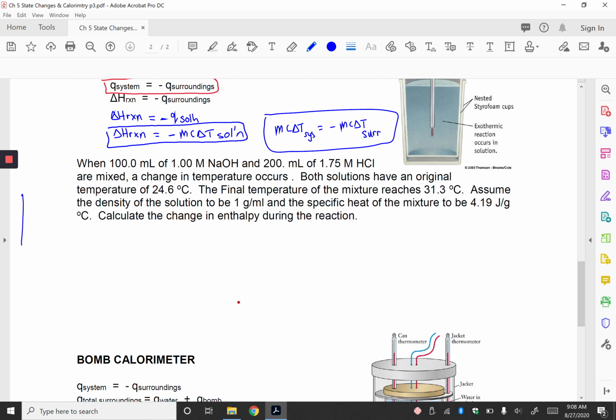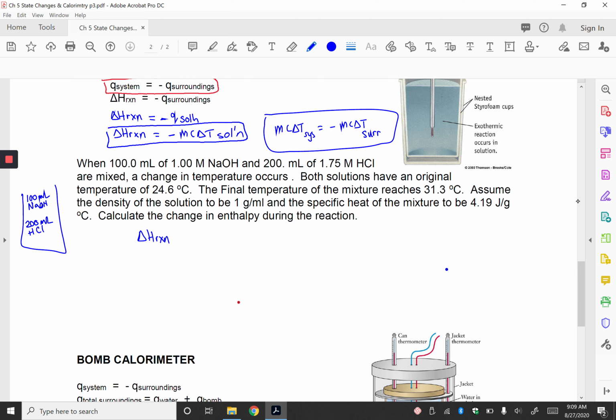I'm taking 100 mils of the NaOH, and I'm adding to that 200 mils of my HCl, and they mix together, and then the temperature increases, and I want to find, what do I want to find? I want the enthalpy during the reaction, the enthalpy of the reaction. So I'm looking for delta H of my reaction.